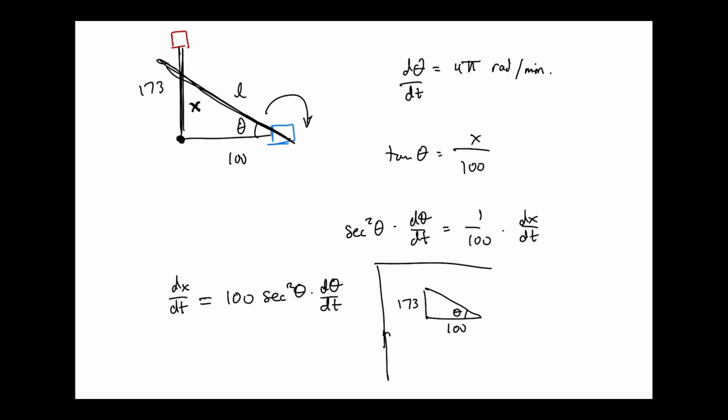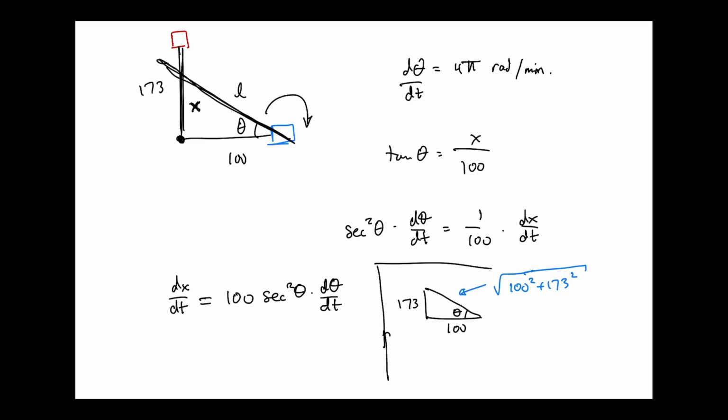We don't know the hypotenuse in this triangle, but we can figure it out with Pythagoras' theorem. If we've got 100 and 173, then the hypotenuse would be this, and then we just need to number crunch.